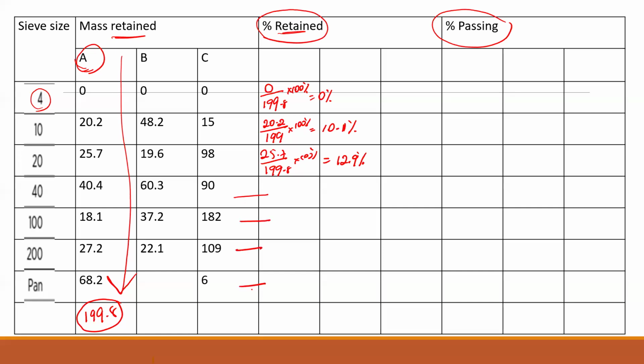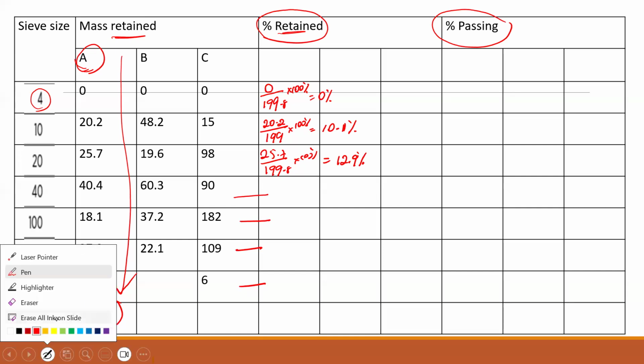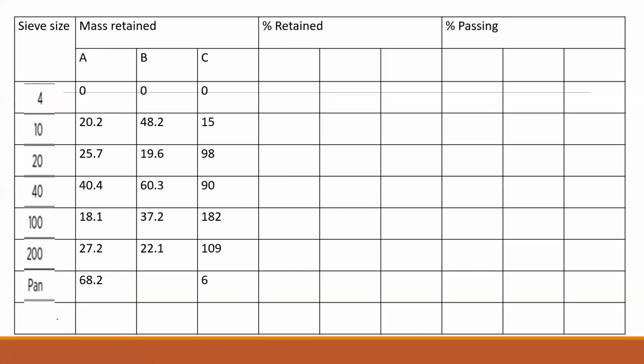And when you calculate the percentage retained for A, B, and C in this way, you will get these numbers. So for A, you get 0%. We already did 0%. And then you get 10.1, 12.9, 20.2. So did you get these numbers, Luke? Yes, I did. I got exactly the same.